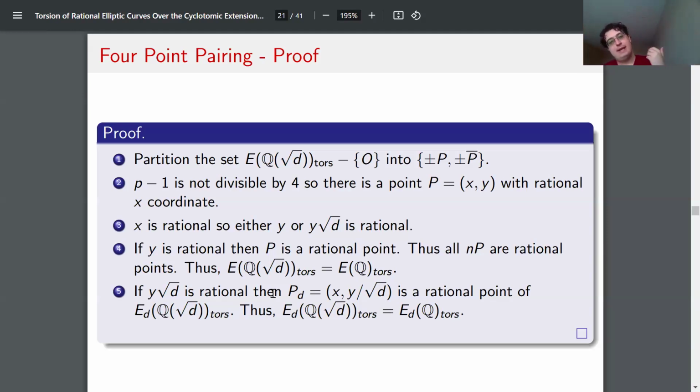This means that x is rational, so the x-coordinate of P is a rational number. And since x is rational, y squared is rational, so either y or y times root d is a rational number. So if y is rational, P is a rational point, and the torsion group was modulo p, so it is cyclic, and any non-identity point generates it.